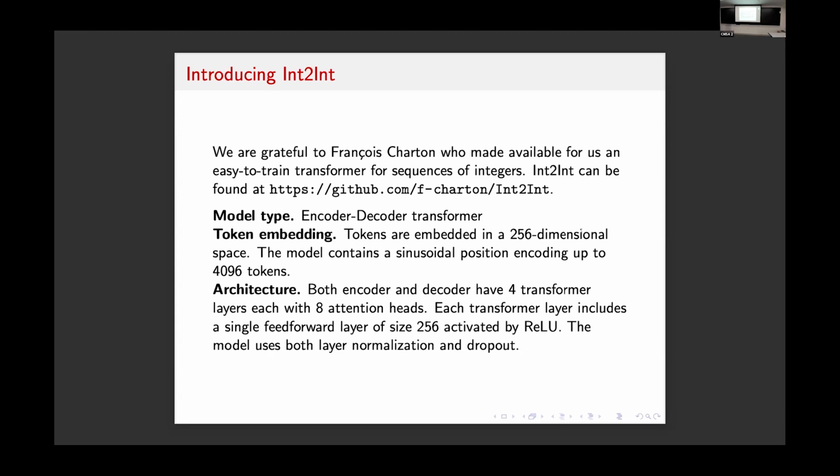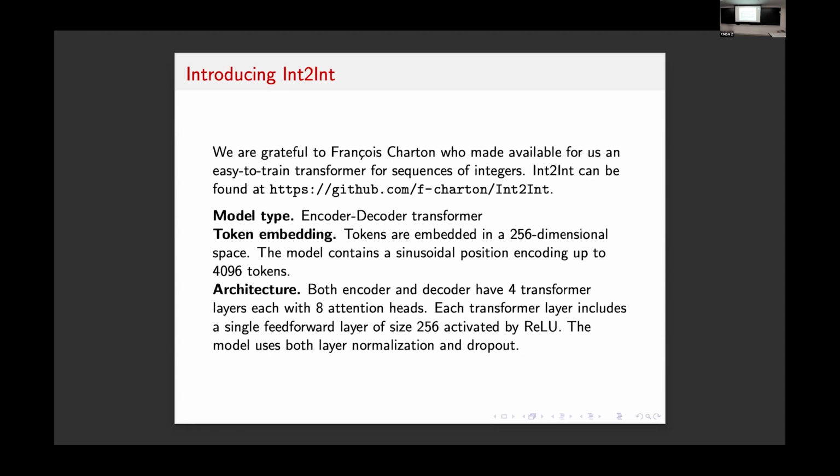It also has a sinusoidal positional embedding. Both encoder and decoder have 4 transformer layers, and each of them has a single feed-forward layer of size 256. It uses ReLU, but you can customize that. Also, each transformer layer has 8 attention heads.